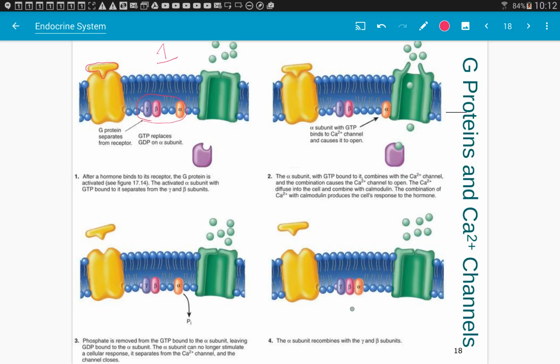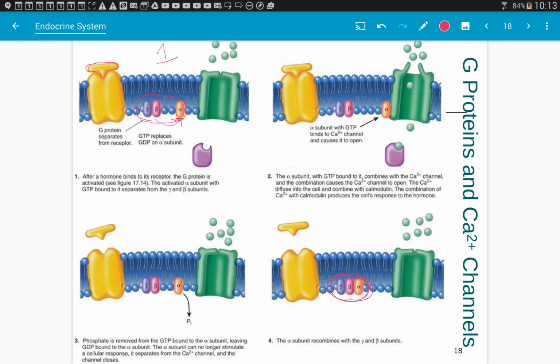So if we look down here, this is what it's like at rest, where all of those subunits are together. That's our G protein. But when a hormone binds to a receptor, the alpha subunit here moves away. Okay? So it dissociates away from the other subunits of the G protein.